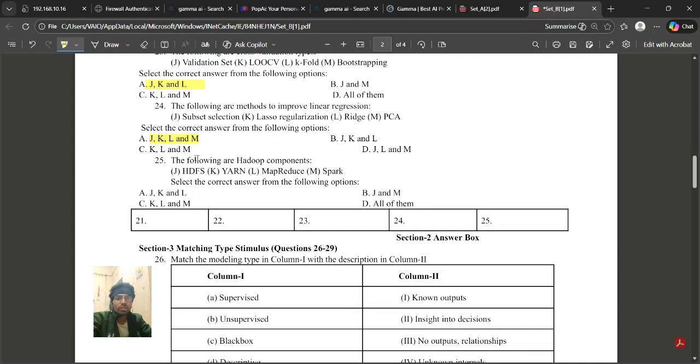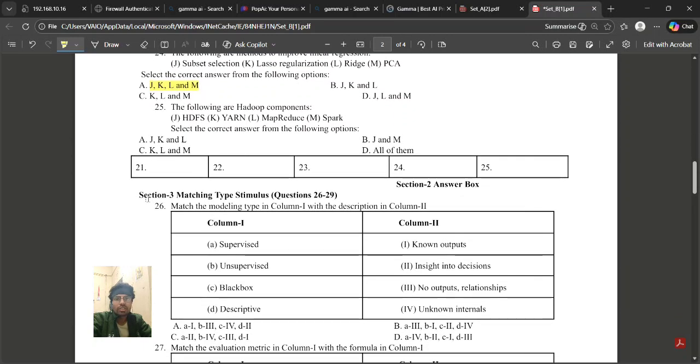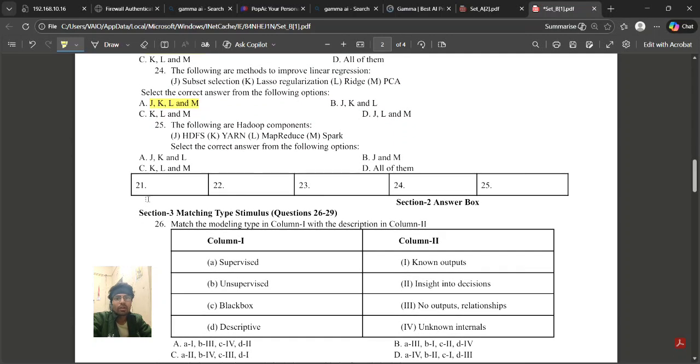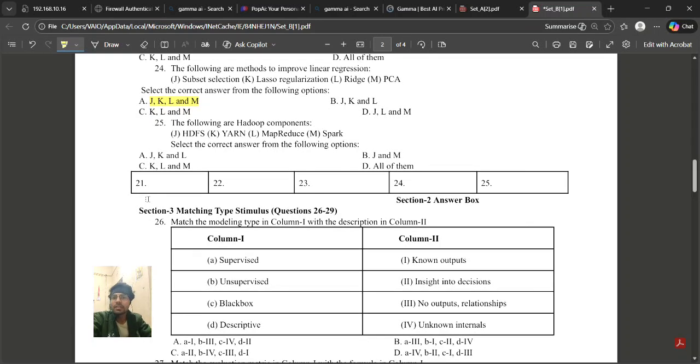Now go to question number 25. Question 25 asks about the components of Hadoop. HDFS, the distributed file system, is a core Hadoop component. YARN K, Yet Another Resource Negotiator, manages resources in Hadoop, definitely a component.